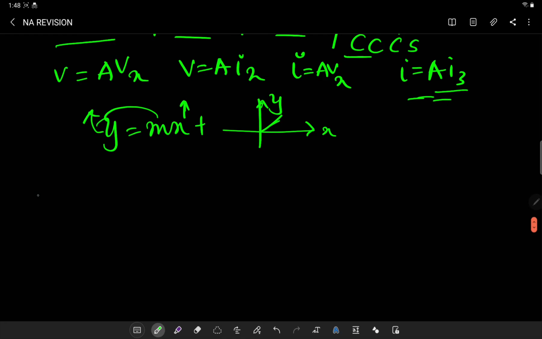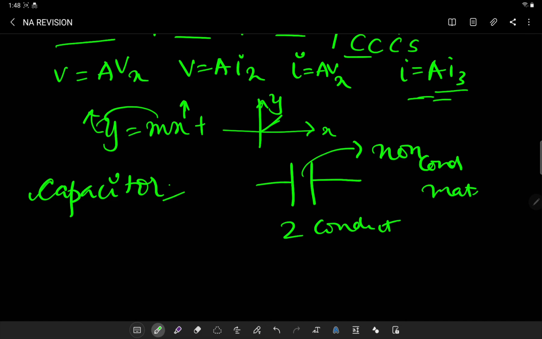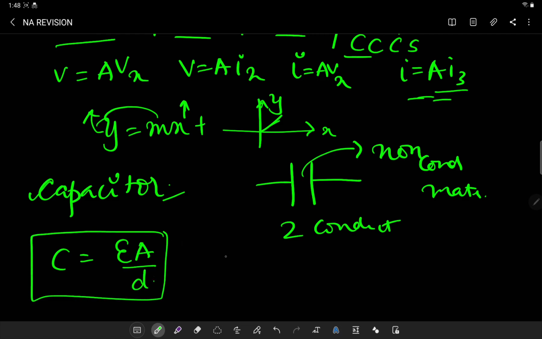Now let's get introduced to our next hero, which is the capacitor. So a capacitor is with the same simple concept of two conducting plates separated by non-conducting material. So I can have a simple formula: C is equal to epsilon A by D, which is a very important formula.